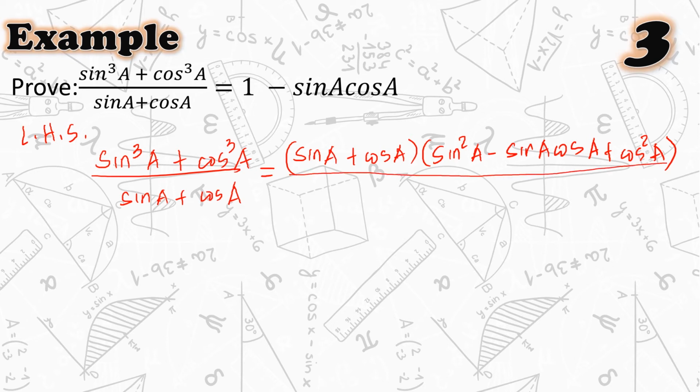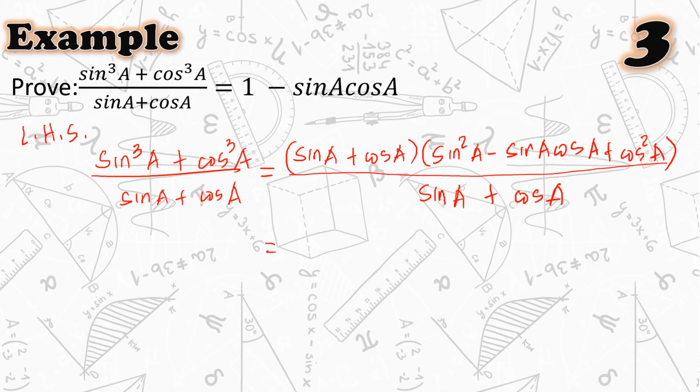In the denominator, we still have sine A plus cosine A. Notice that sine A plus cosine A is a factor in the numerator, and it is also a factor in the denominator, so we can cancel.